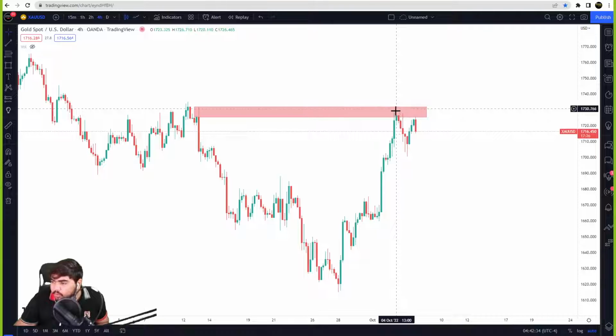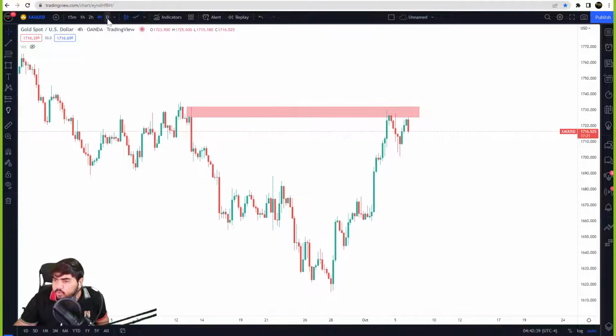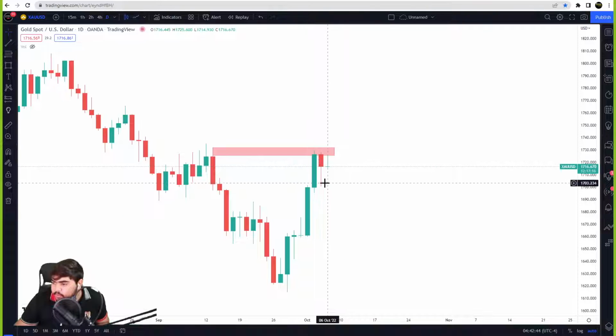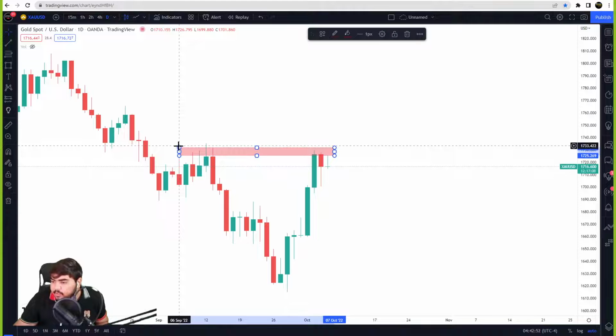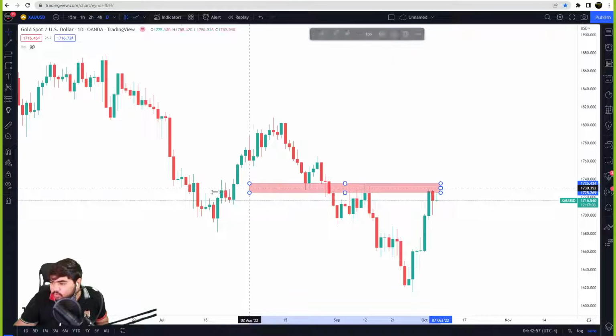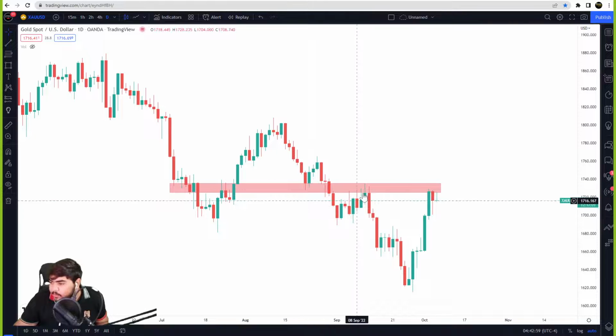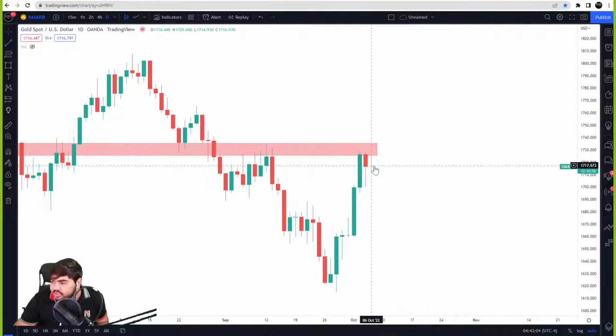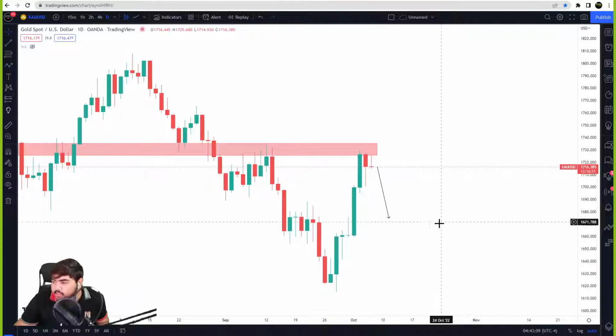It made a big correction from this level, and if we look on the daily time frame, it has made a bearish hammer candlestick pattern. Whenever we see this hammer candlestick appear on a key level of resistance, something like this, because that's a key level of resistance, right? Price made this, tested this area, pushed lower, and now it's again moving around this area. So this is definitely a bearish signal on the major degree on the gold.